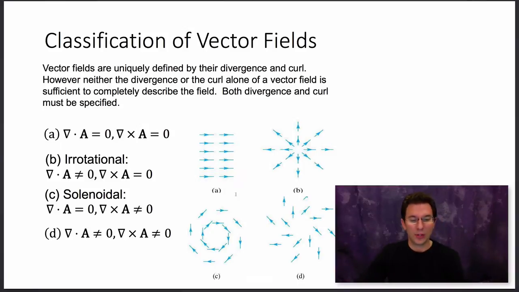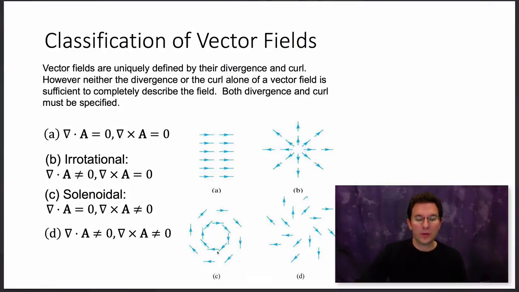The opposite situation here: this field is pointing in the negative phi direction if we're in cylindrical coordinates, and the magnitude is constant everywhere in space essentially. This field has no divergence, but it has a non-zero curl. So if the divergence of a vector field is zero, we refer to it as solenoidal.